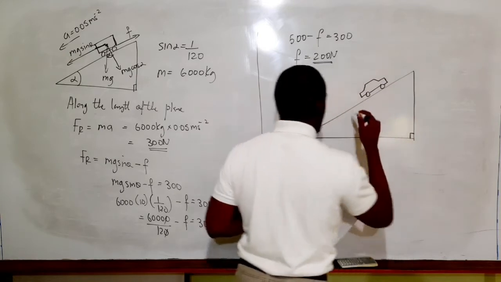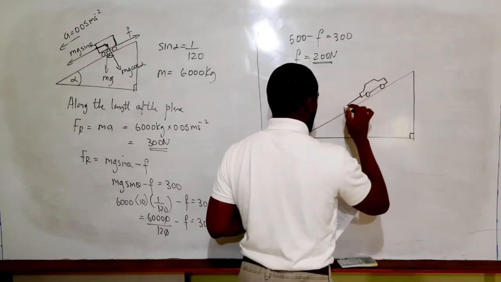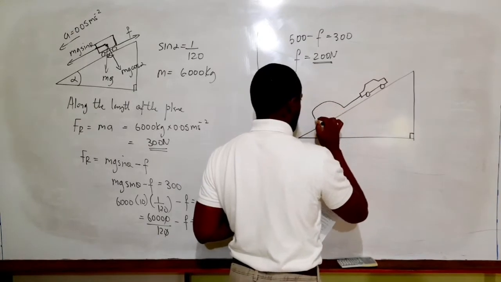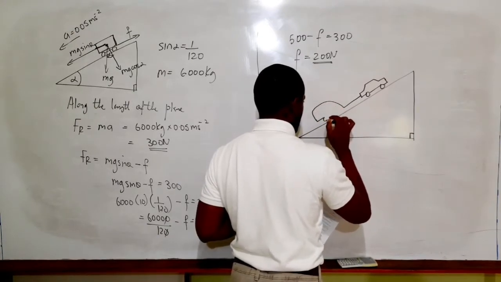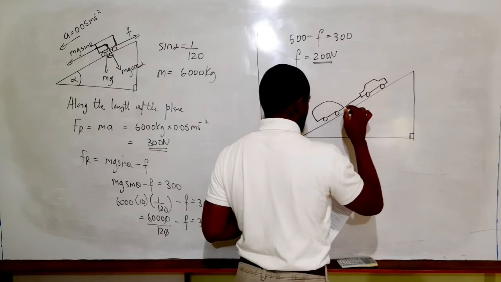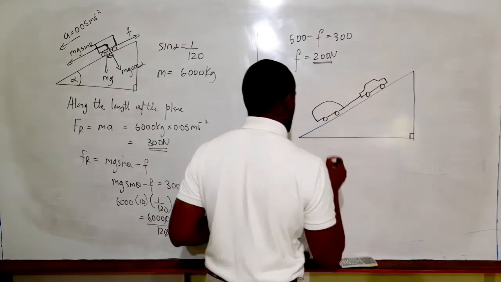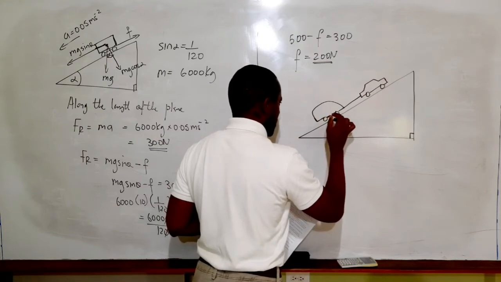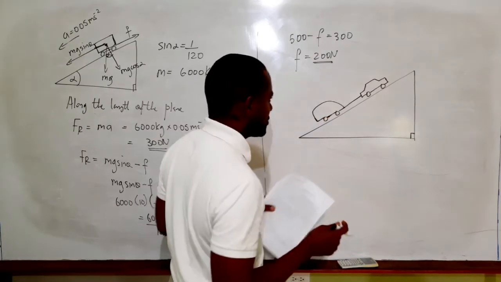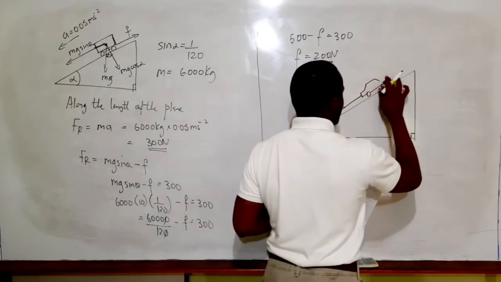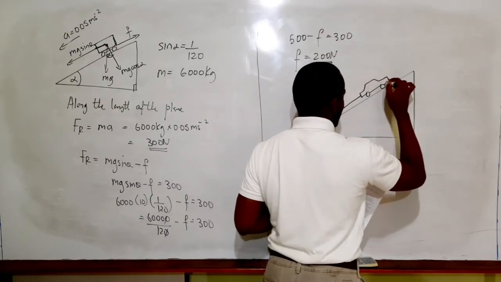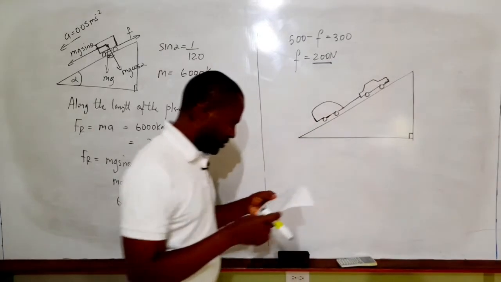So let that be our car, and this our caravan. Alright, so that's our caravan. And of course, we'll include the forces acting on both vehicles. So that's our situation there.